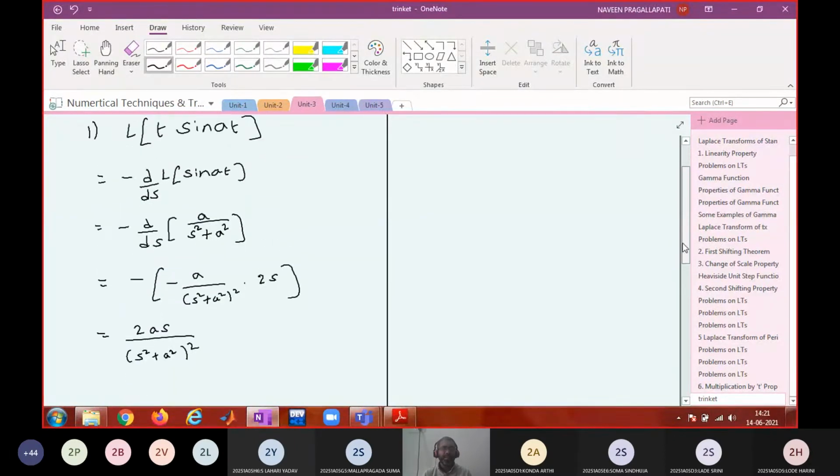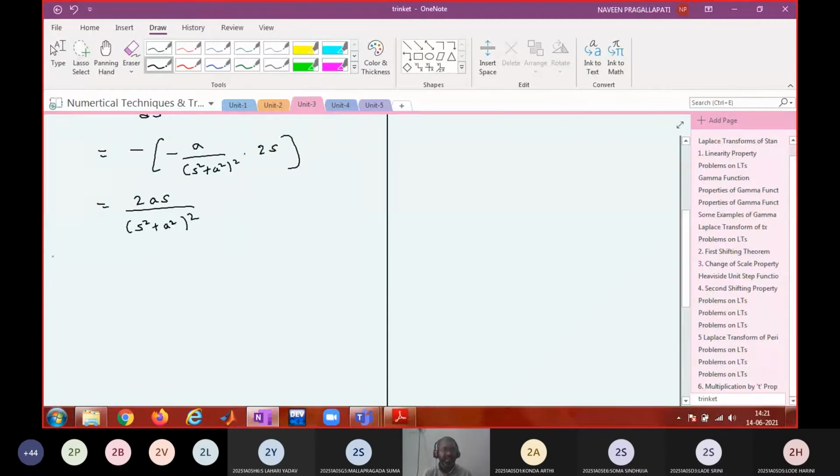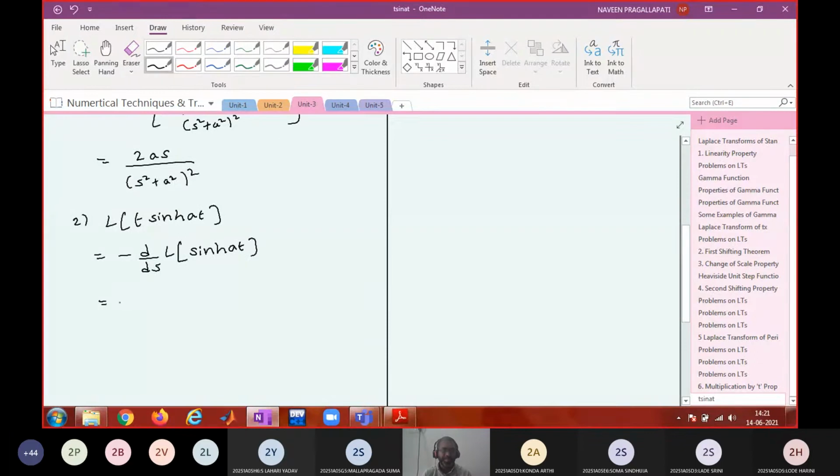Now can you tell me what is Laplace of t sinh at? This is minus d by ds of Laplace of sinh at. Now you tell me what is Laplace of sinh at? a by s square minus a square.